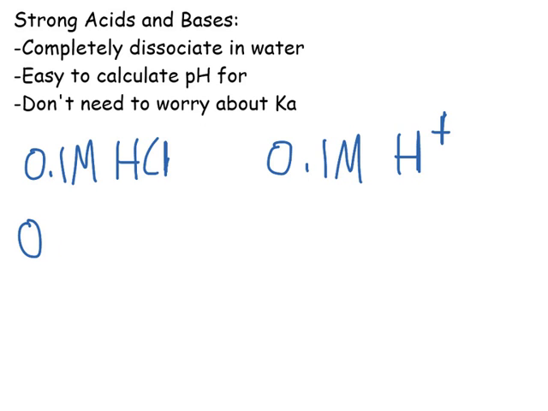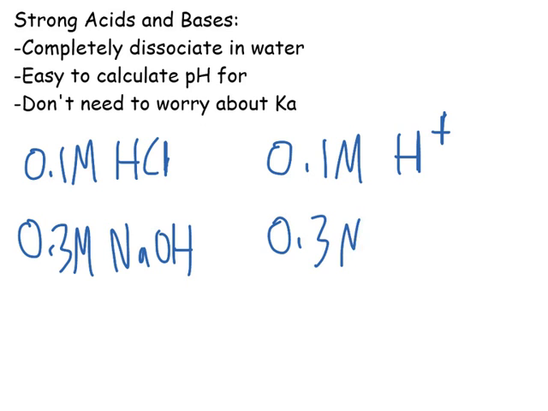Likewise, if you have a 0.3 molar solution of sodium hydroxide, we know that we're going to have a 0.3 molar concentration of hydroxide ions. So that's what it means to be a strong acid and a strong base.